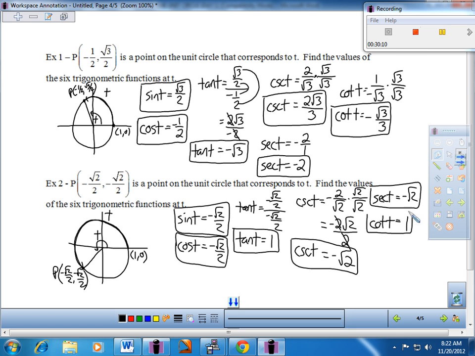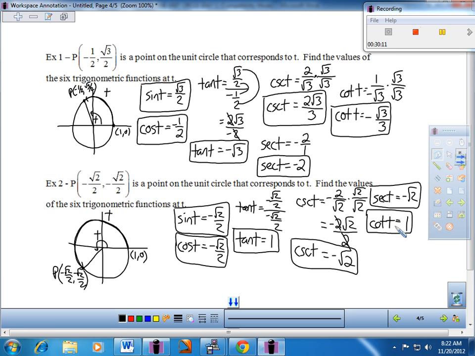Don't forget one thing: the signs stay. When you flip something, you don't change the sign. So notice if sine is negative, cosecant is negative. If cosine is negative, then secant is negative. And if tangent is positive, then cotangent is positive. So when you flip, don't change the signs. All right, and there are your 6 for that t.